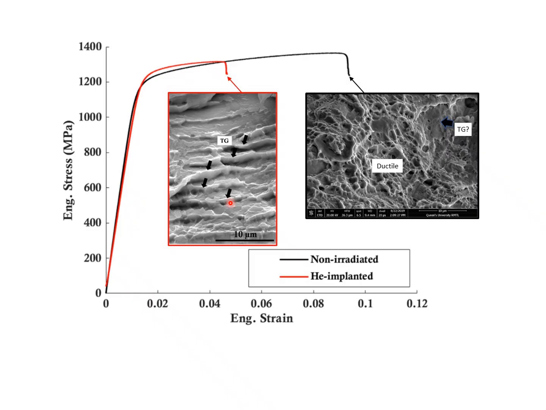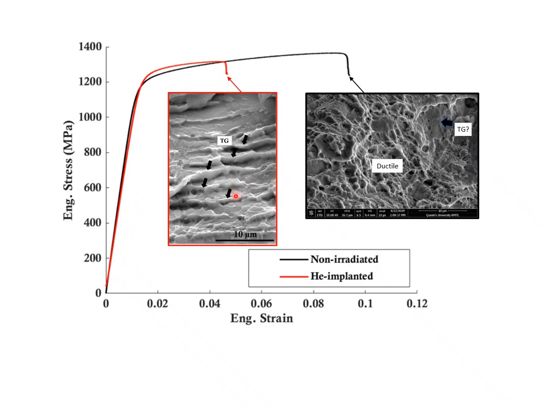So unless you're doing a very detailed, thorough study of all of the defects in every grain, you wouldn't necessarily be able to state categorically that these things were deformation induced. And in this particular case, no, they were part and parcel of the microstructure prior to testing.